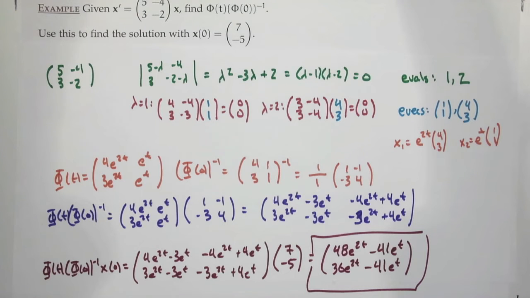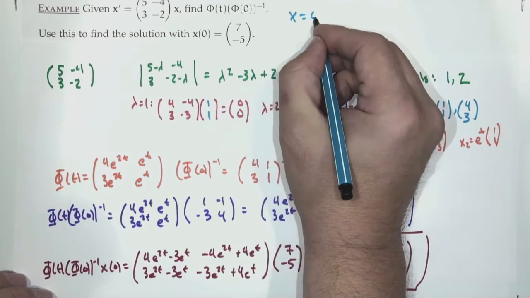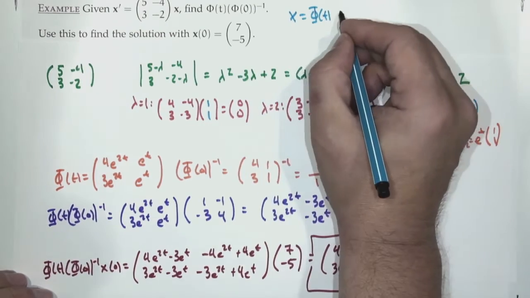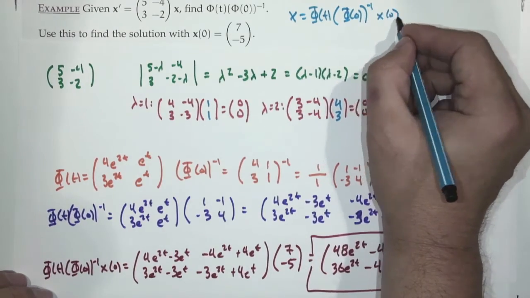All right, now I just want to say, in practice, you probably would change the order you do some things here. And here is the order that's probably more convenient. So if you were to follow what's written here, you'll see that we said x equals phi of t, phi 0 inverse x 0.